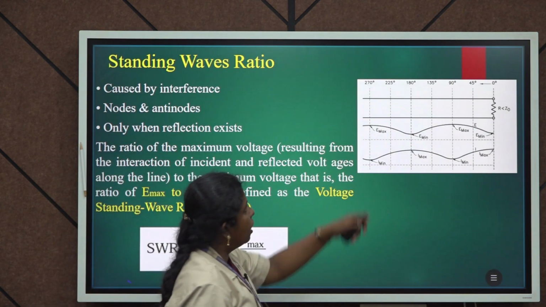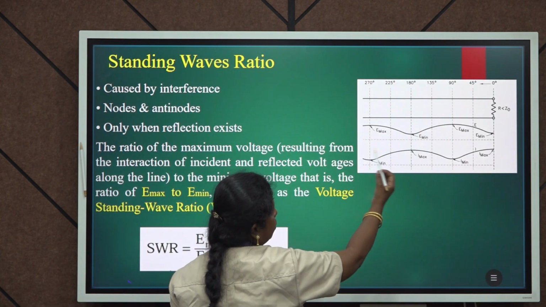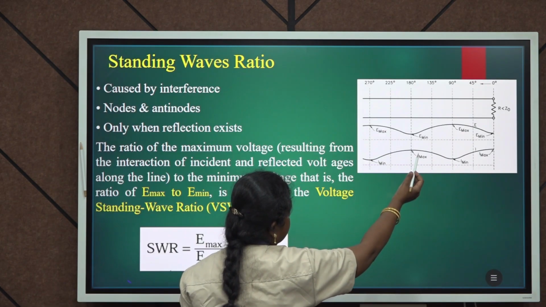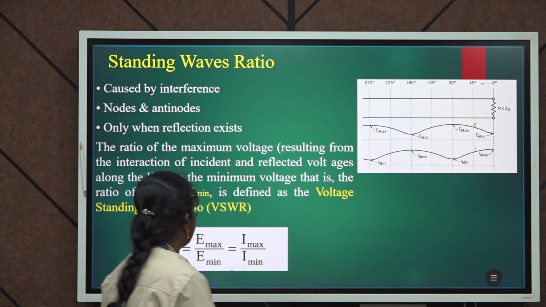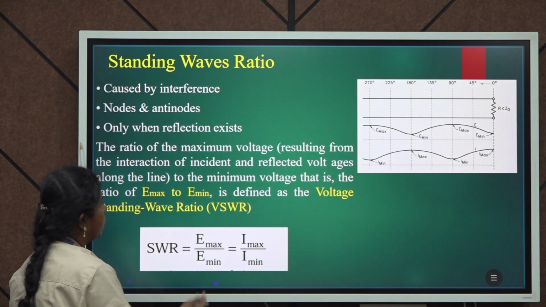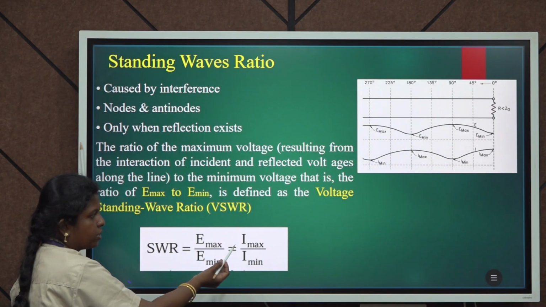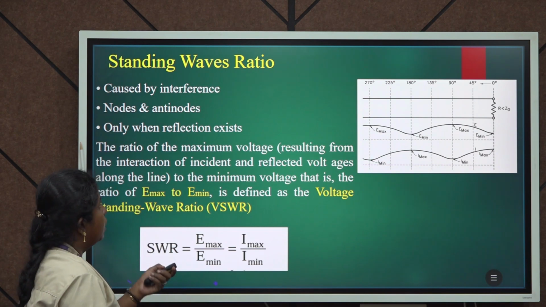You can see the E max happening between the transmitter and receiver, and I max and I min are also designated in this graph. It is the ratio of maximum voltage divided by minimum voltage, and similarly maximum current divided by minimum current.